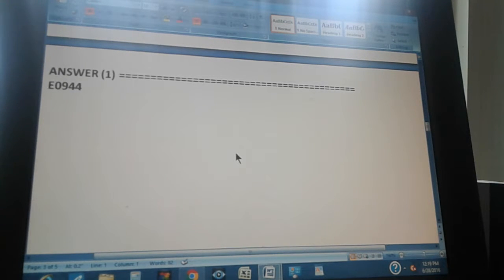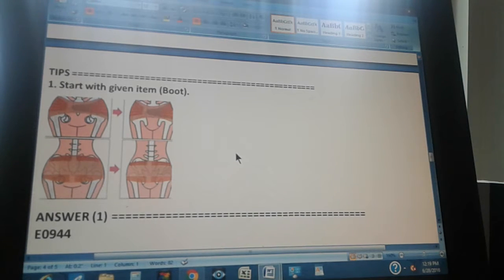If you didn't get it, let's give you a tip. The tip is to start with the given item, which is boot. If you investigate a little bit, a pelvic boot is like a harness or belt that holds together the pelvis.